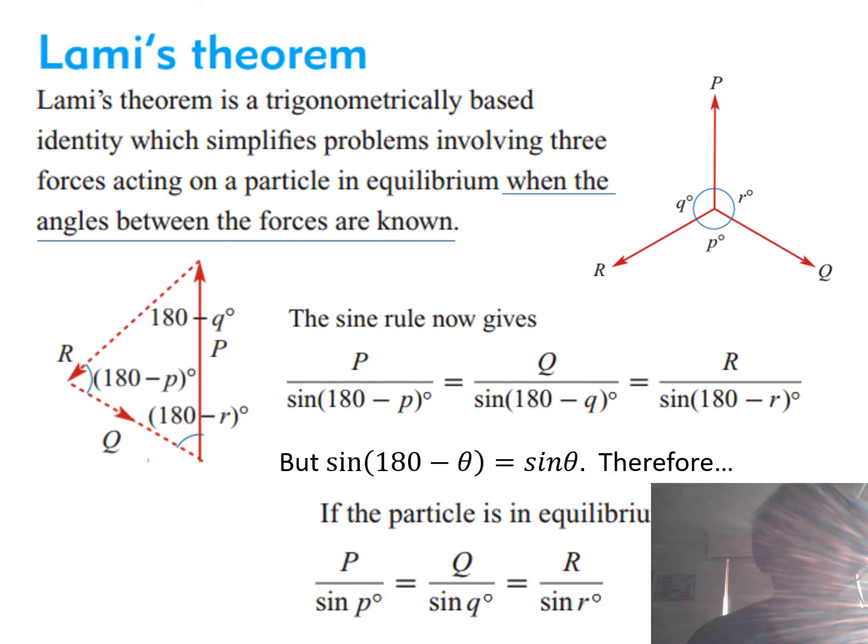Therefore, it reduces to this simplified scenario, which means in a force diagram, the ratio of the magnitude of a force to sine of the angle opposite is equal throughout the system, and we can use that to find unknown lengths and angles, but of course there's a bit of an asterisk with finding angles that we'll discuss shortly.